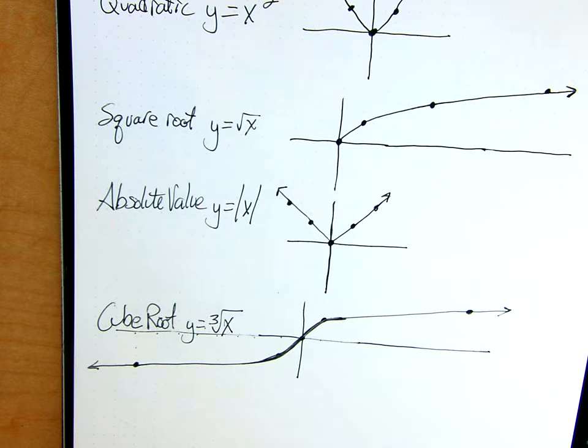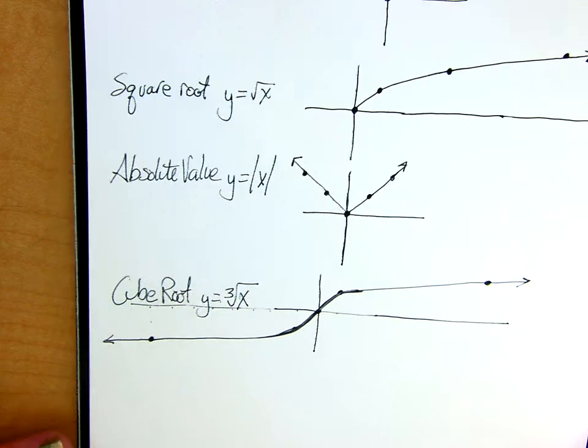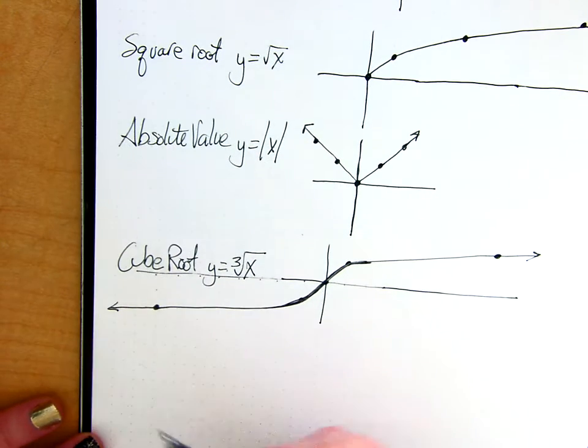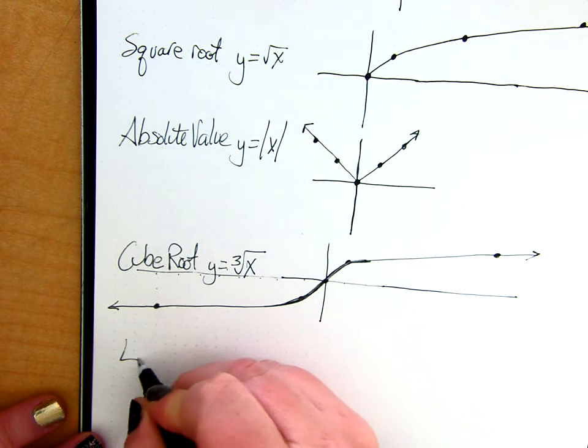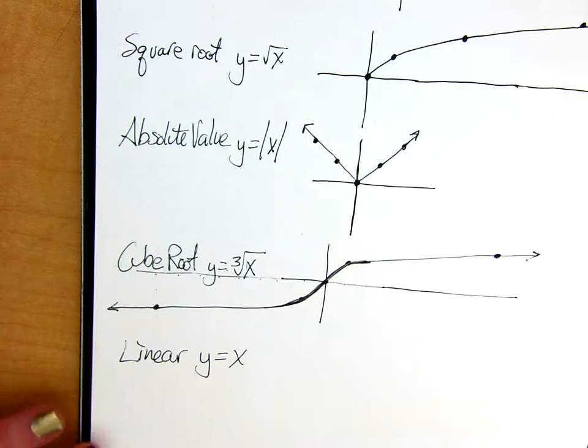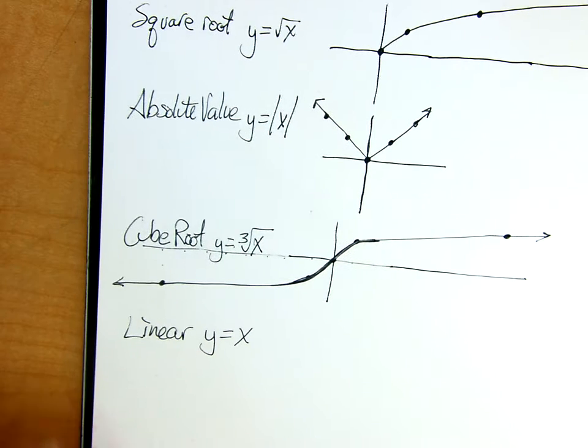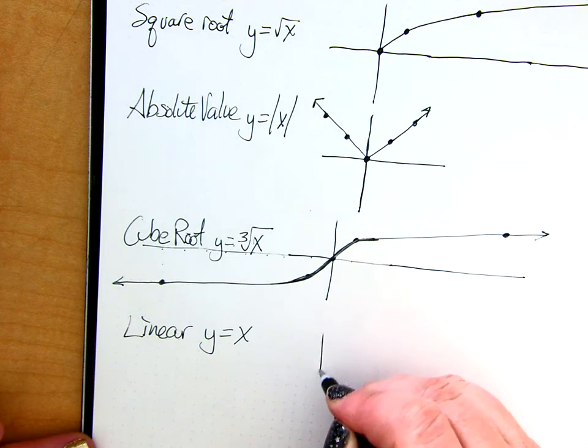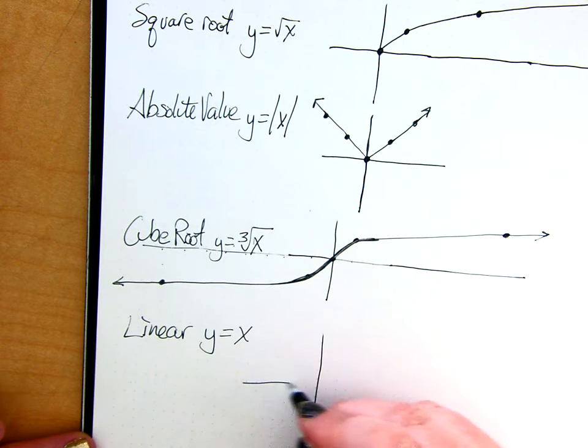Okay, and one more just to make our list complete. We actually probably should have done this one first because it's literally the most basic. What if you just had a linear function? Y equals x. What does that look like if you graph it? It's a straight line, right?